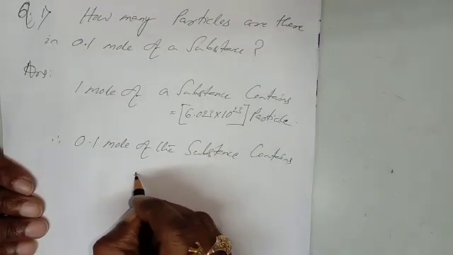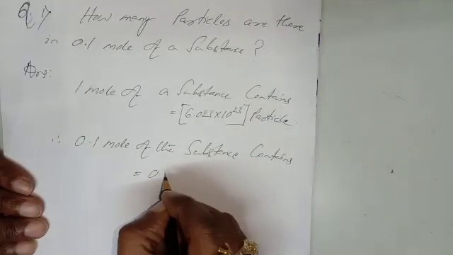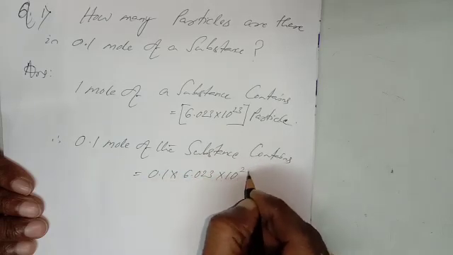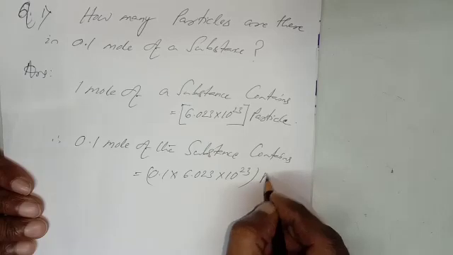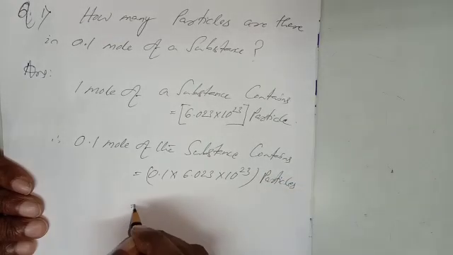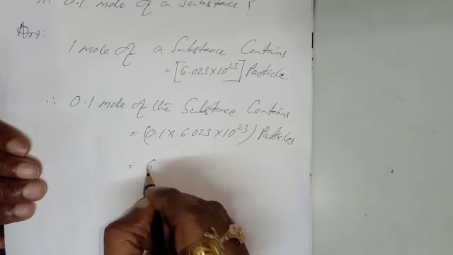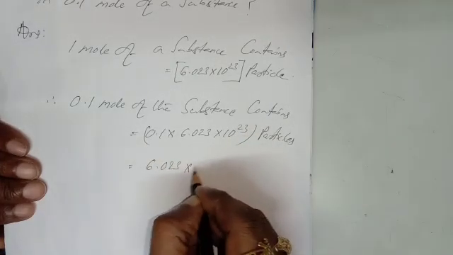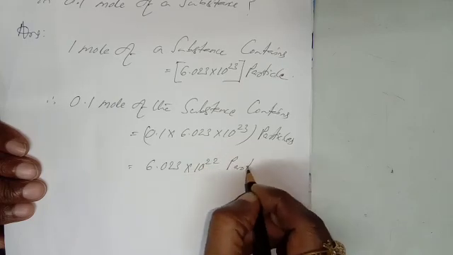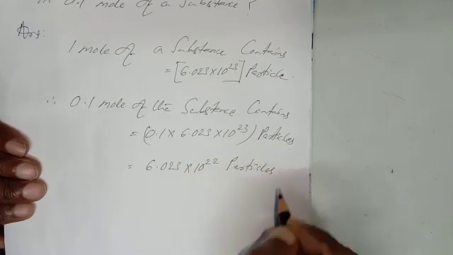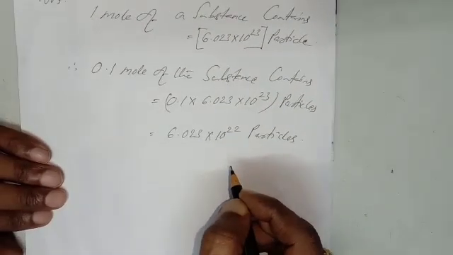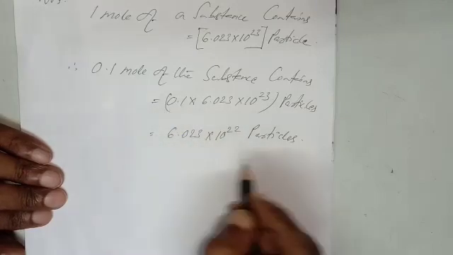You have to multiply 0.1 into 6.023 into 10 to the power 23 number of particles. 0.1 means 1 by 10 and this will be adjusted here. So it is 6.023 into 10 to the power 22 particles. And this is the answer. This is the question already given and I have solved here.